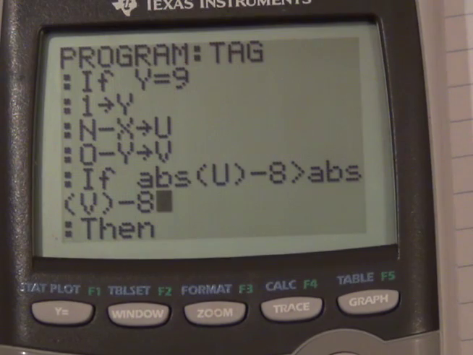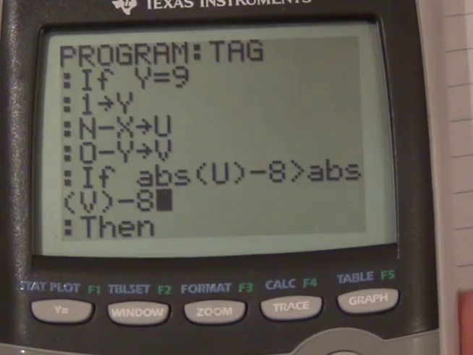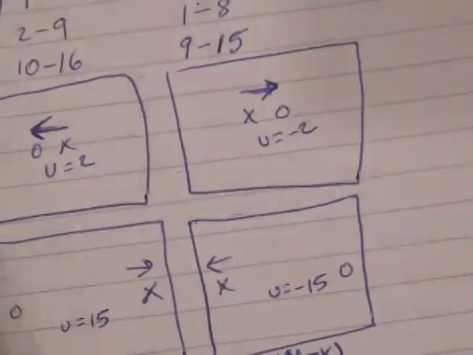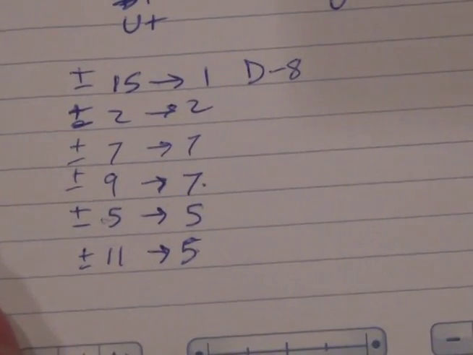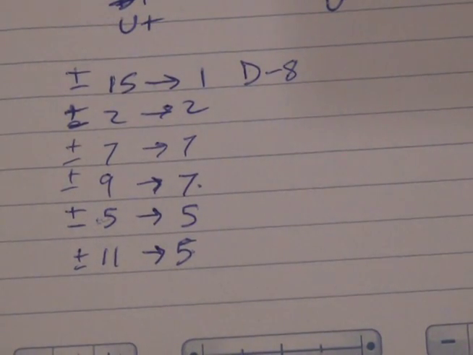But not necessarily minus 8. That's the thing. We want the distance from 8. Because if we subtract 8 from 2, then we get negative 6.